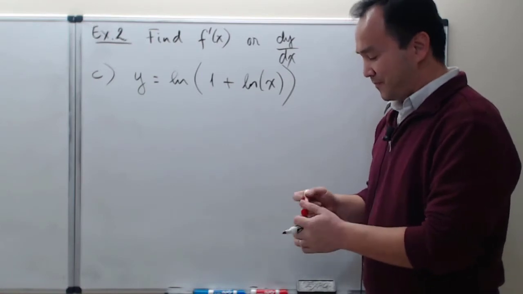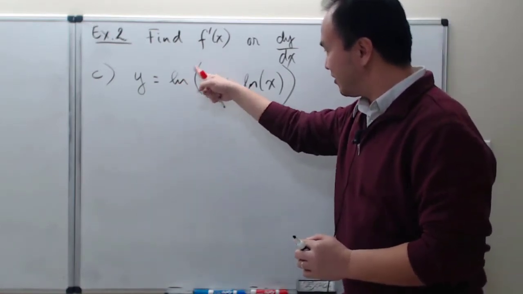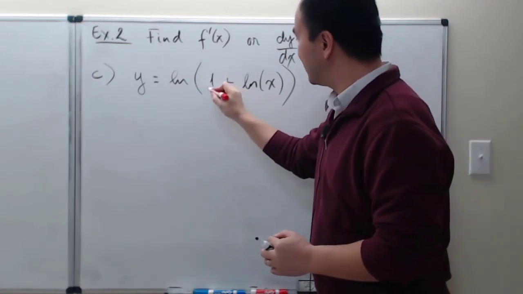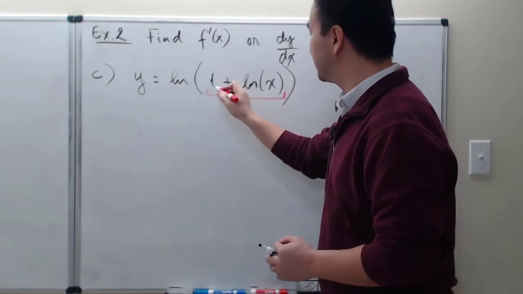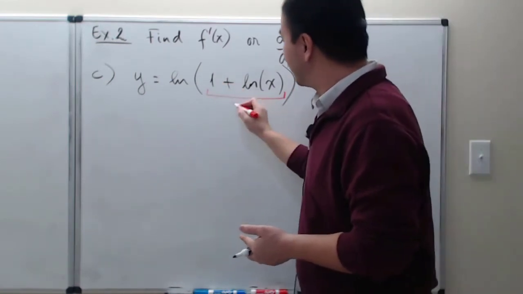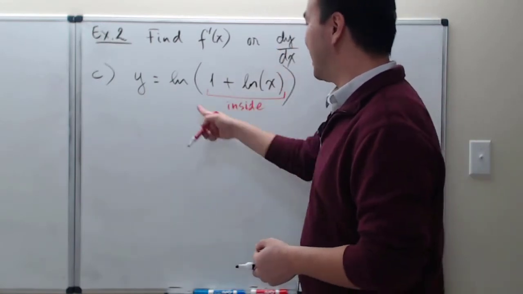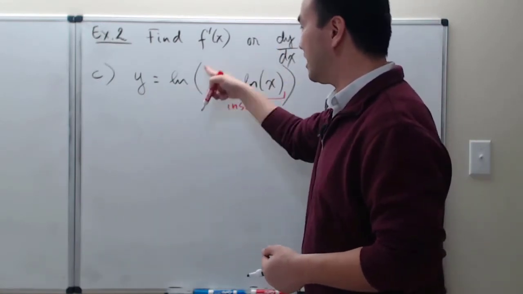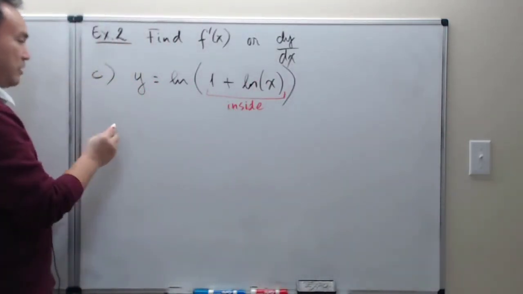Once again, I see there's a natural log, and inside of the natural log, instead of one ordinary x, here it's an expression, and that's all I need to point out. So we can regard this as the inside. And the outside is simply natural log of whatever that inside is. So let's go ahead and formulate that.